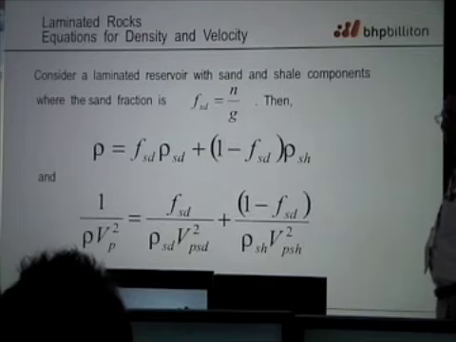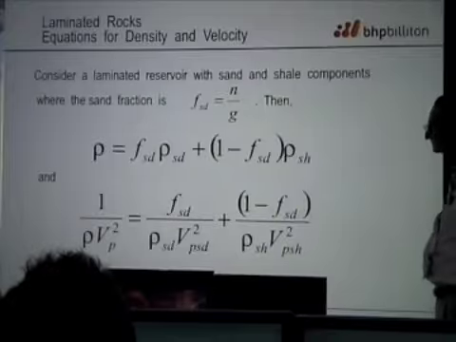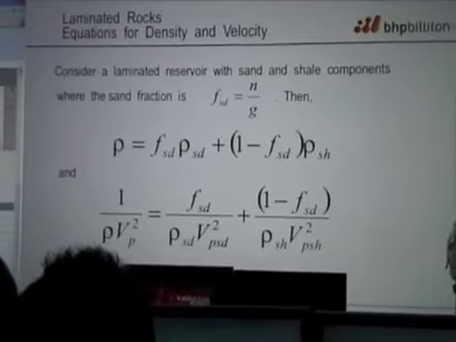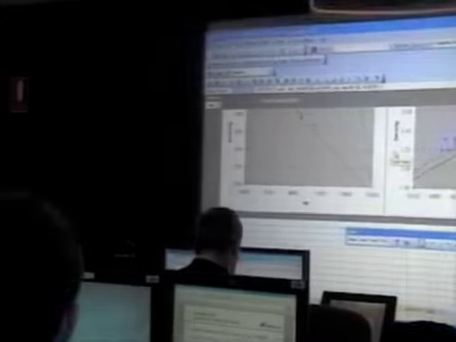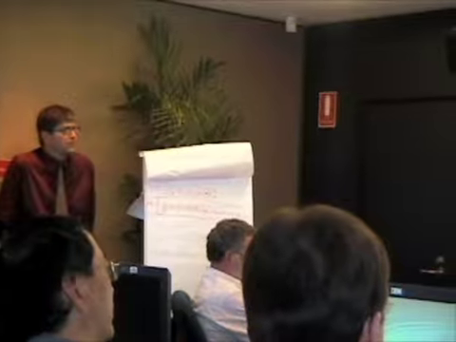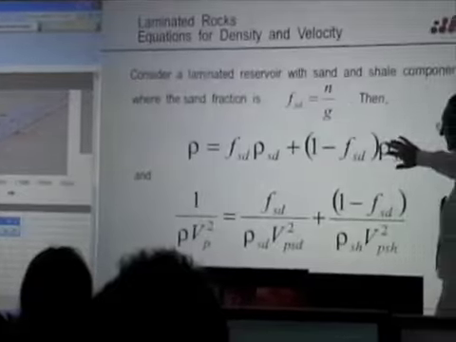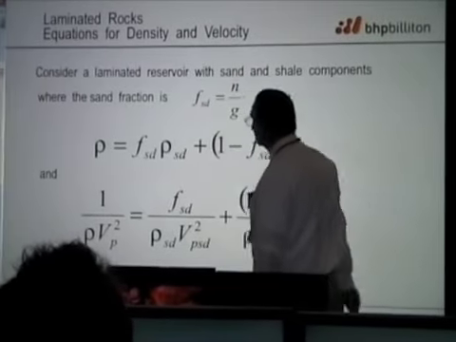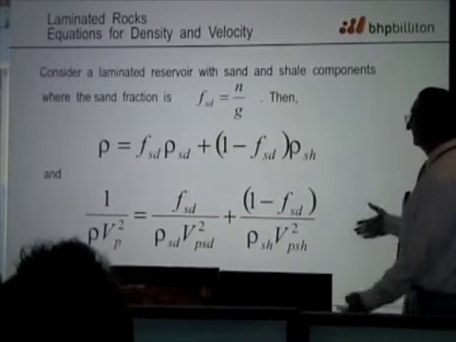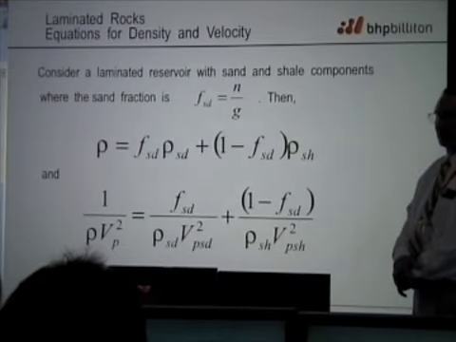And again, it's very similar here because it's an assay in terms of the gross interval, how much of it is actually reservoir rock. Okay, well, the density, pretty simple. If I know the end members, the shale and the sand densities, then it's pretty easy. It's just a linear combination of the two. That's what I would see on the density log.